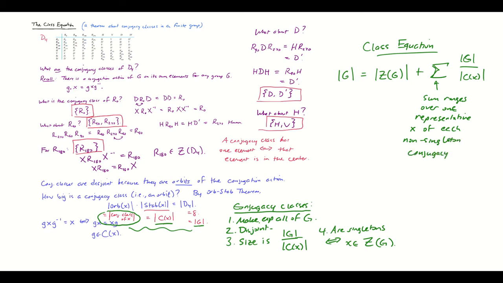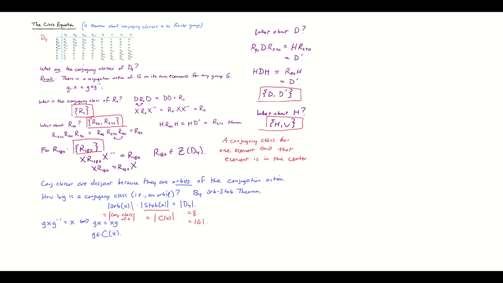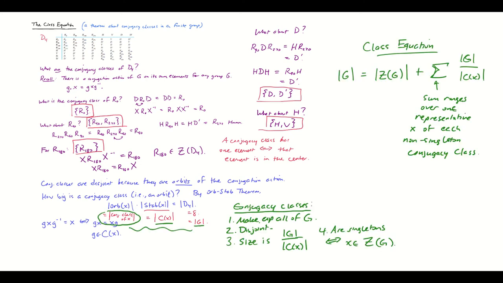It's a little bit of an awkward way of saying it. I think the book may have a better way of saying it. But what this means is that we take each conjugacy class that does not represent the center of the group, and we take one representative. Because what we're doing here is we're adding up the sizes of all of the conjugacy classes. This is the sum of the sizes of all conjugacy classes of G.